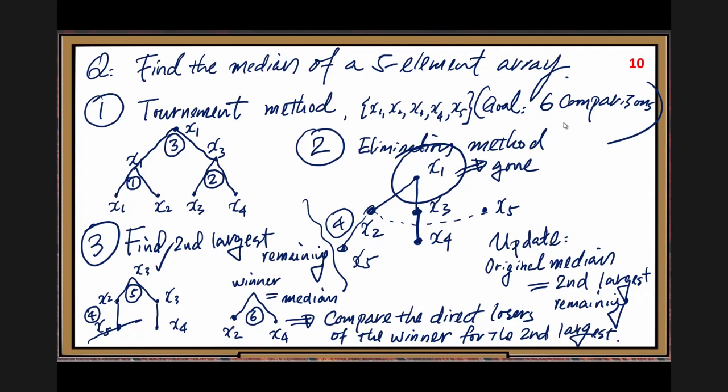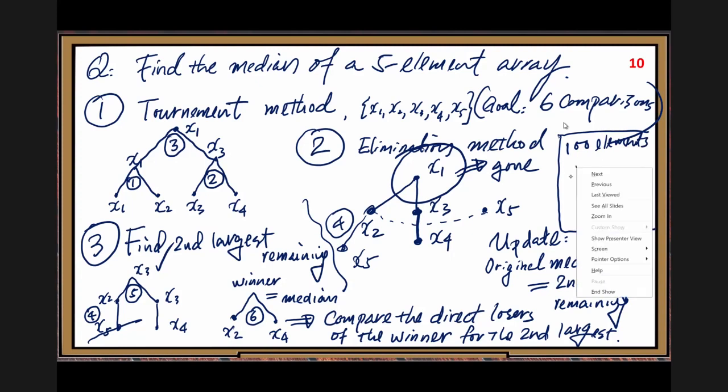The first derived example: given a 100-element array, we want to find one element in it.